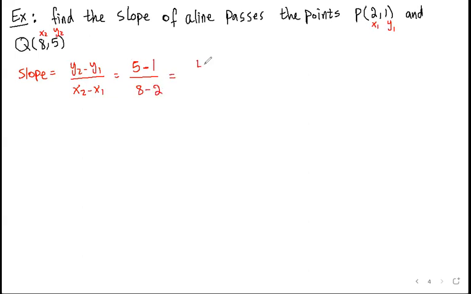So I get 4 over 6. We can simplify it by dividing both by 2. So I get 2 over 3. Okay. So this is my slope.